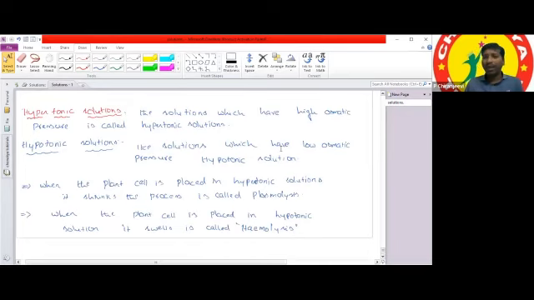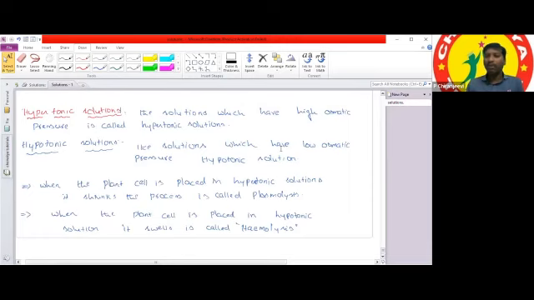Why does it flow in the blood? Because blood and saline have the same osmotic pressure. If both have the same osmotic pressure, we call it an isotonic solution.